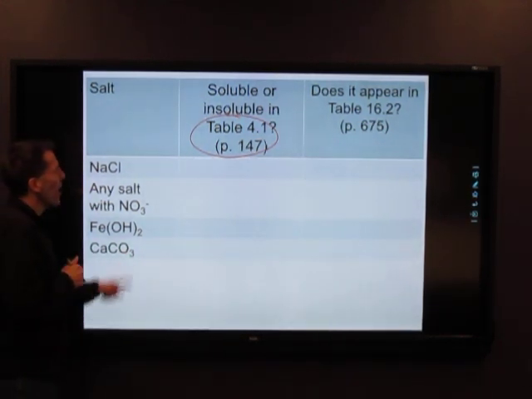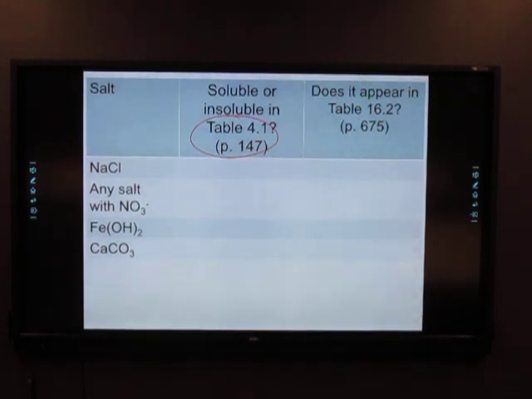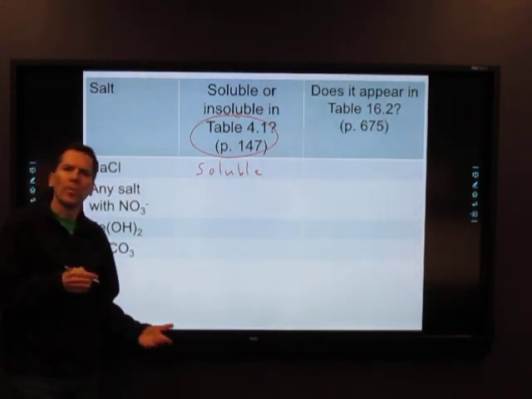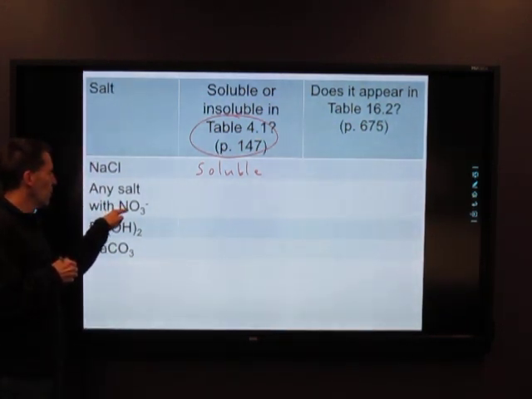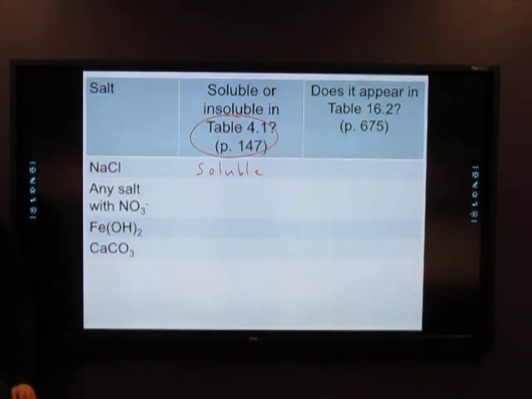But when we look back at those, we were told at the time that sodium chloride is water soluble. Another rule back in Chem 1 is that any salt with nitrate is water soluble.